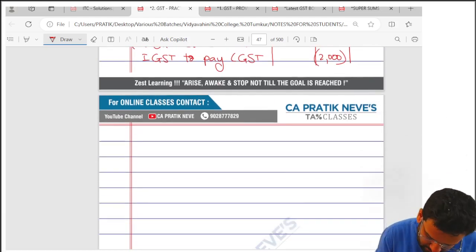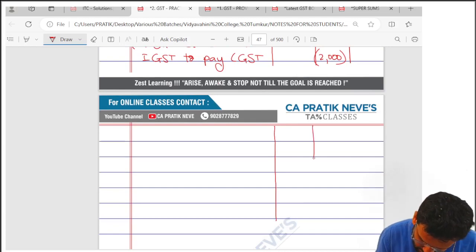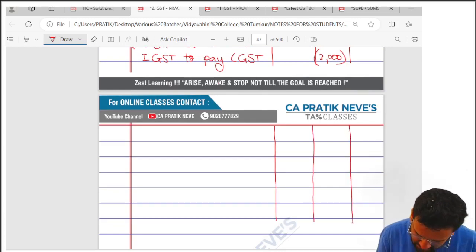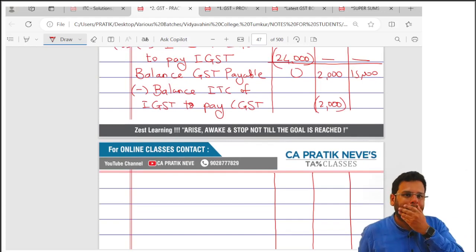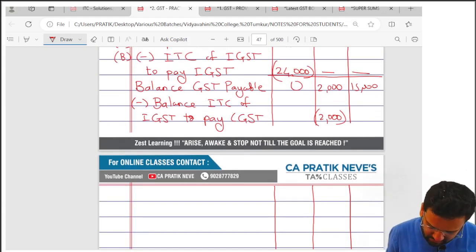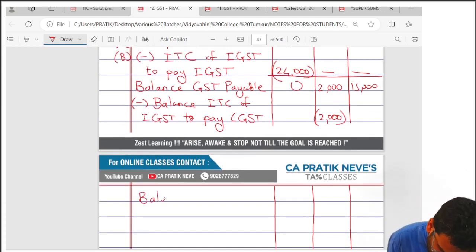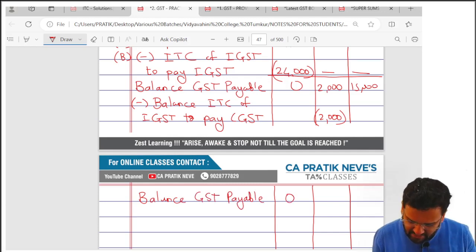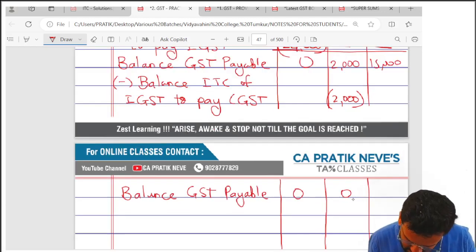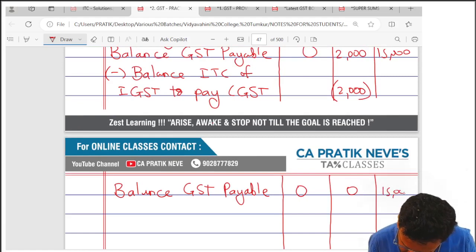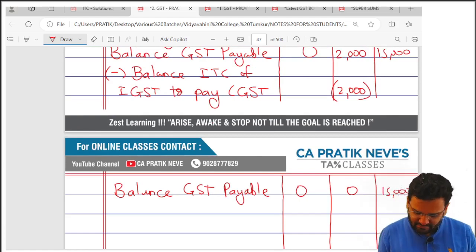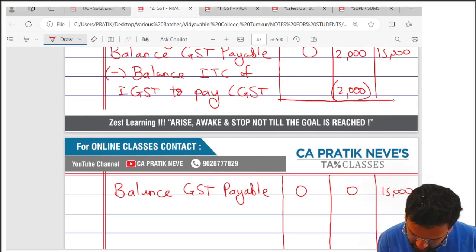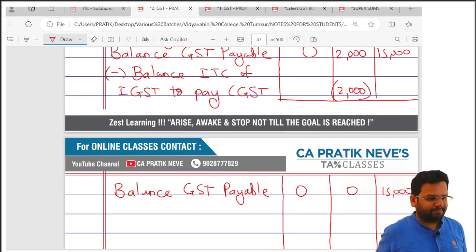Clear, all of you? After this, how much is pending? Now after this, if I get the balance GST payable, what is it? 0 for IGST, 0 for CGST, 15,000 for SGST. Do you agree?